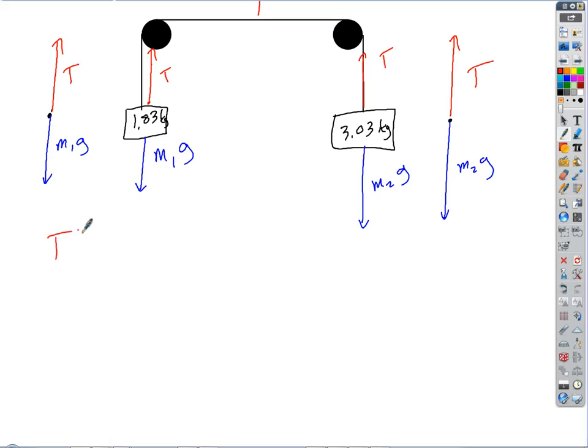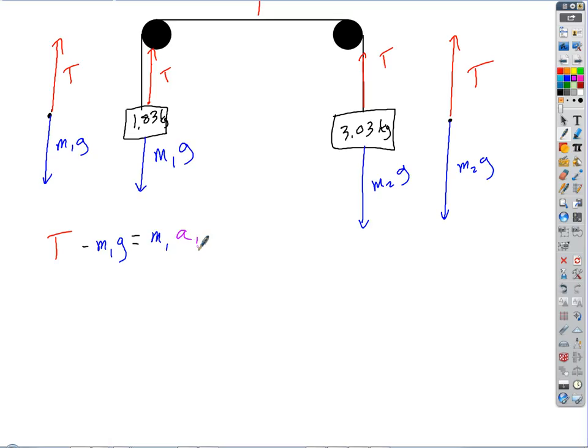So T minus M1G equals what? M1 times A. And for now, let's just call that A1.